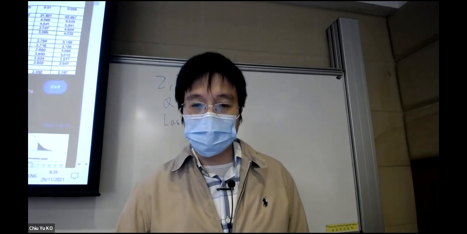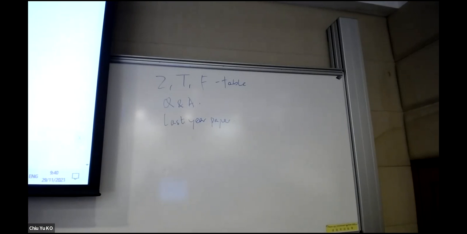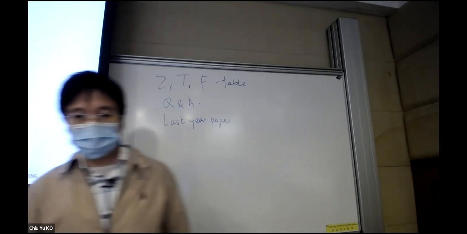So the usual T table is usually 1 up to 60, 80, something like that, right? So let's do this style.